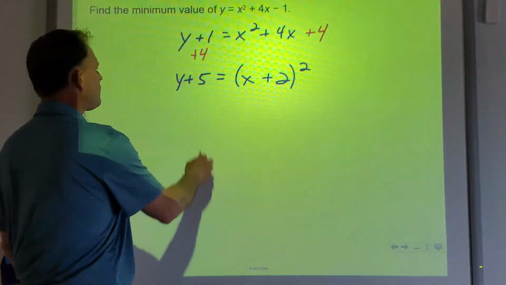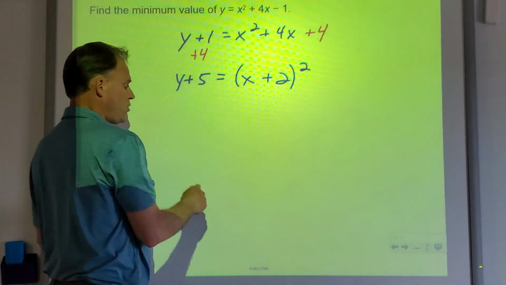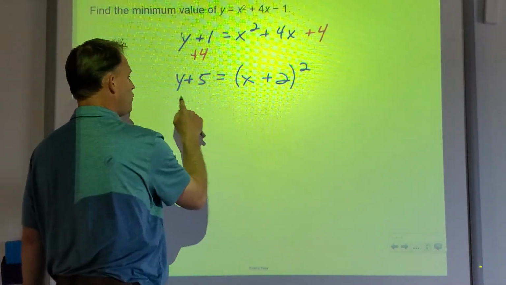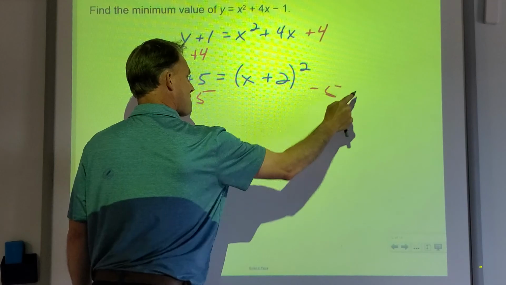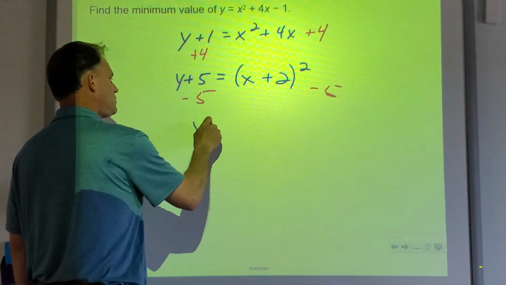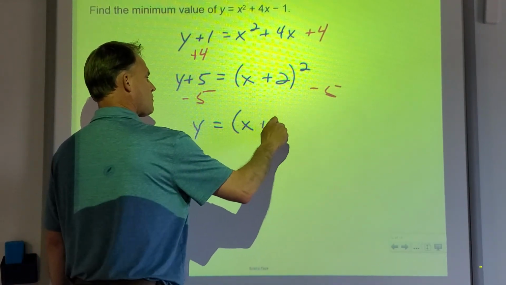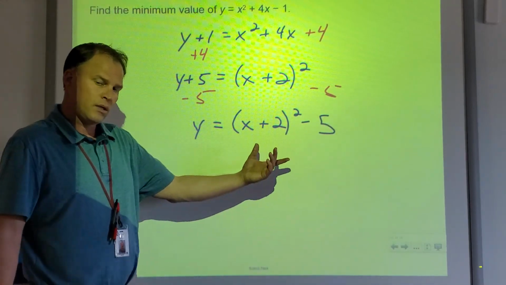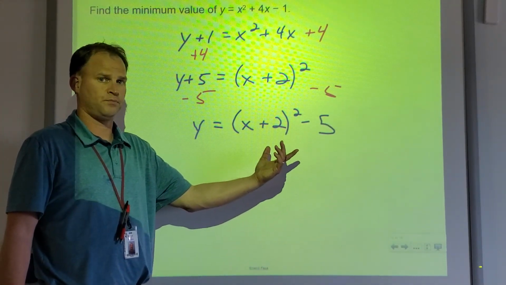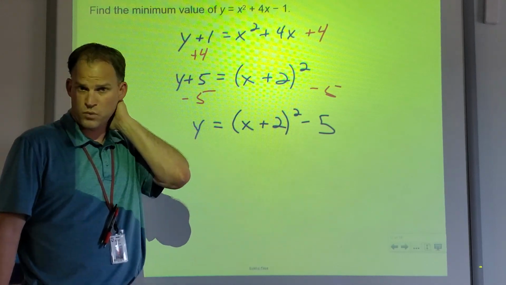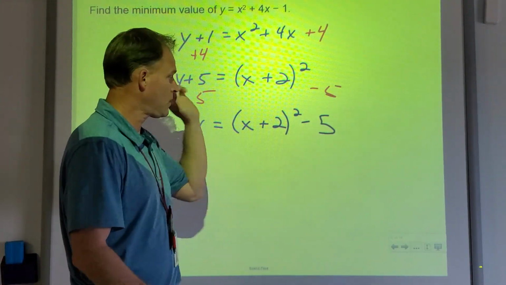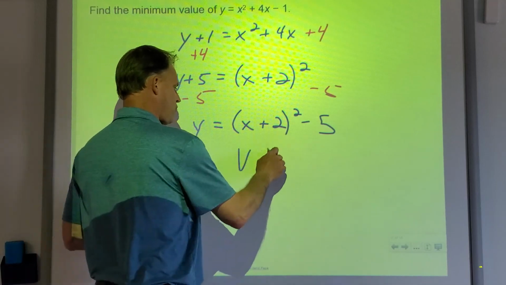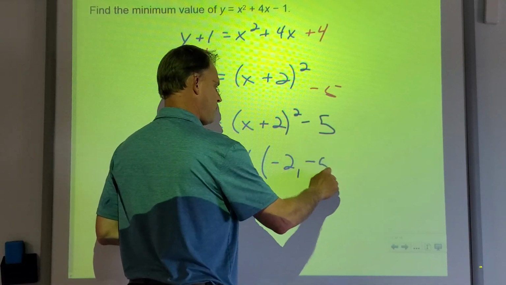Okay. Now, this isn't how I normally write an equation. I want to bring this back over here. You should recognize that. It's called vertex form. We talked about this a lot when we were graphing. When I look here, I know the vertex is -2, -5.